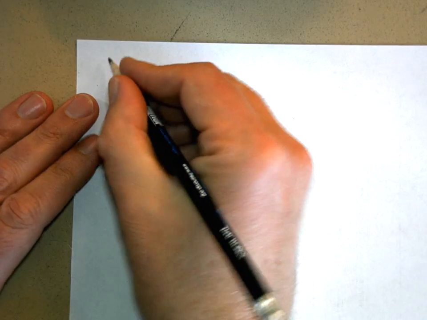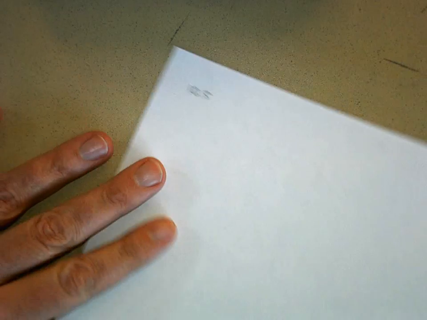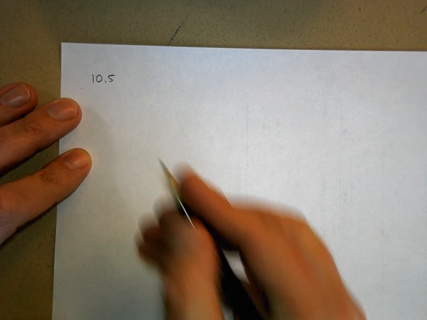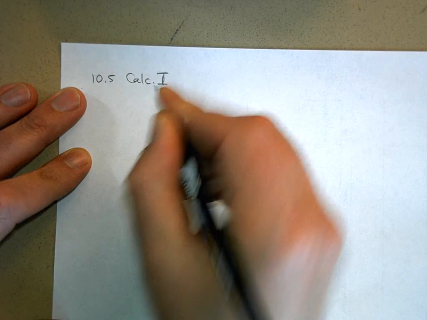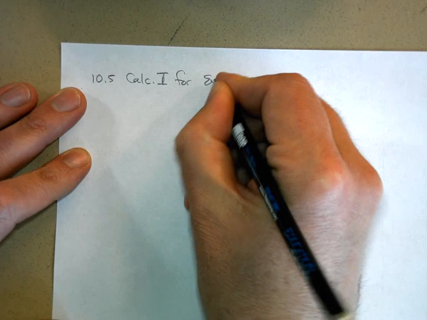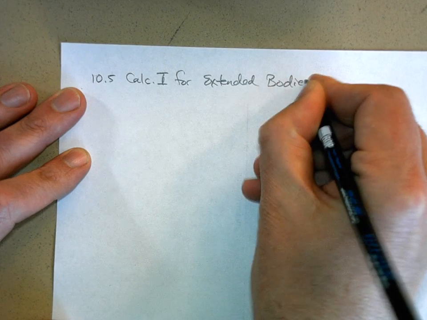Okay, and in section 10.5, we talk about figuring out the rotational inertia for objects that have extended mass. So we're going to calculate I for extended bodies. Now that's not the title of the section, but it should be.